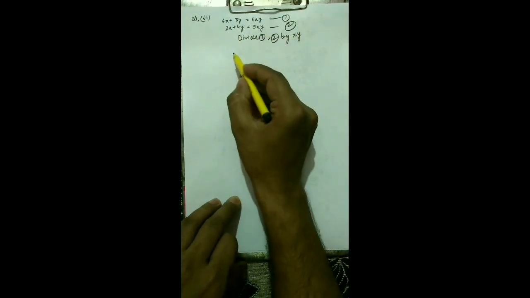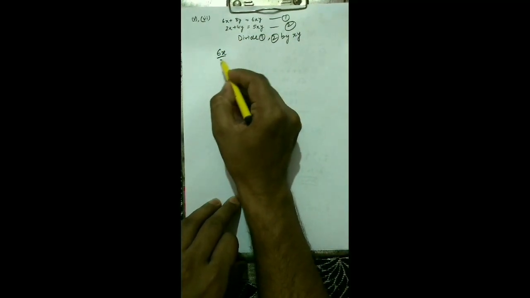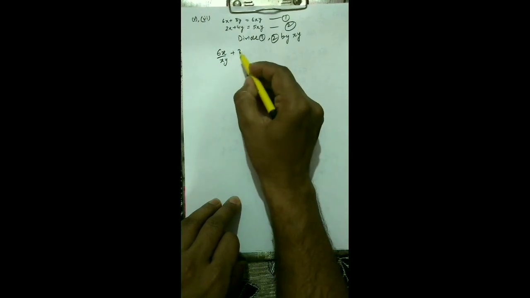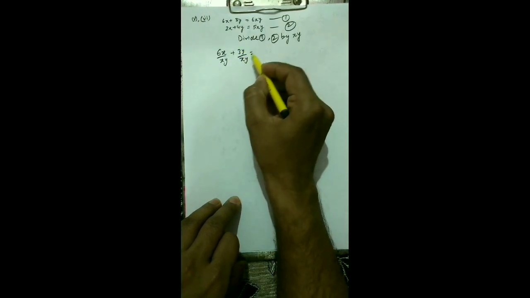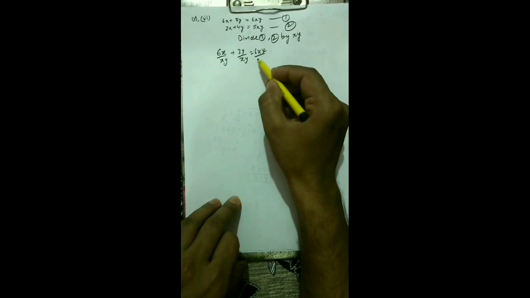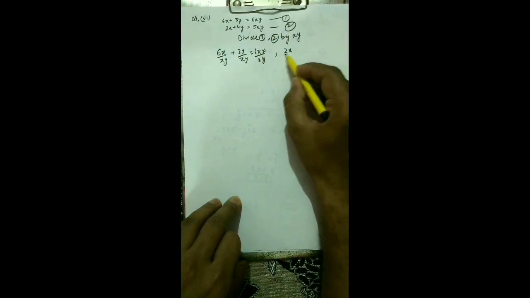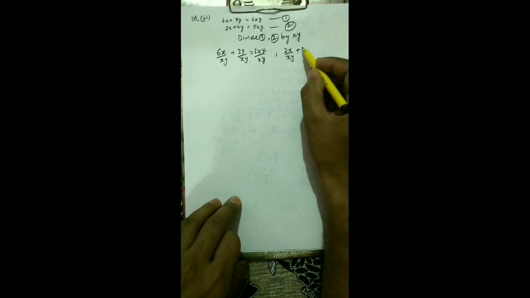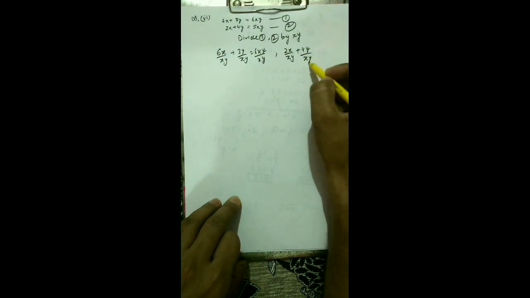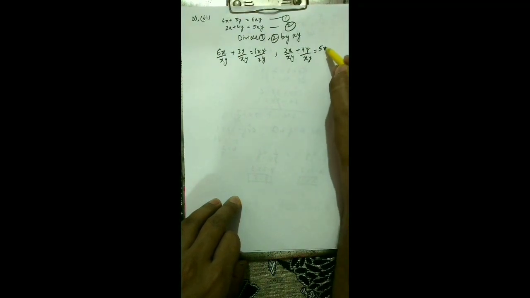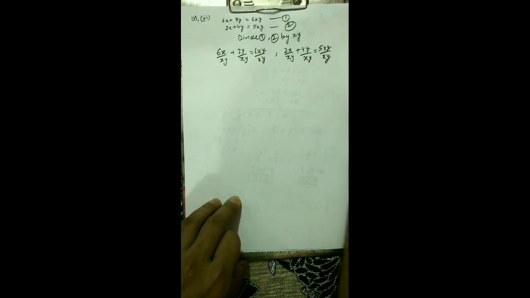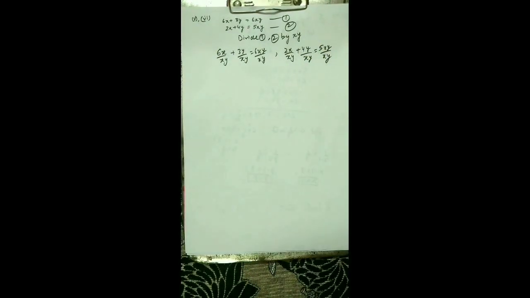If you divide by xy, then it becomes 6x upon xy, 3y upon xy, and 6xy upon xy. And the second one will become 2x upon xy plus 4y upon xy, and 5xy upon xy. So now you can simplify and you can see what has come.